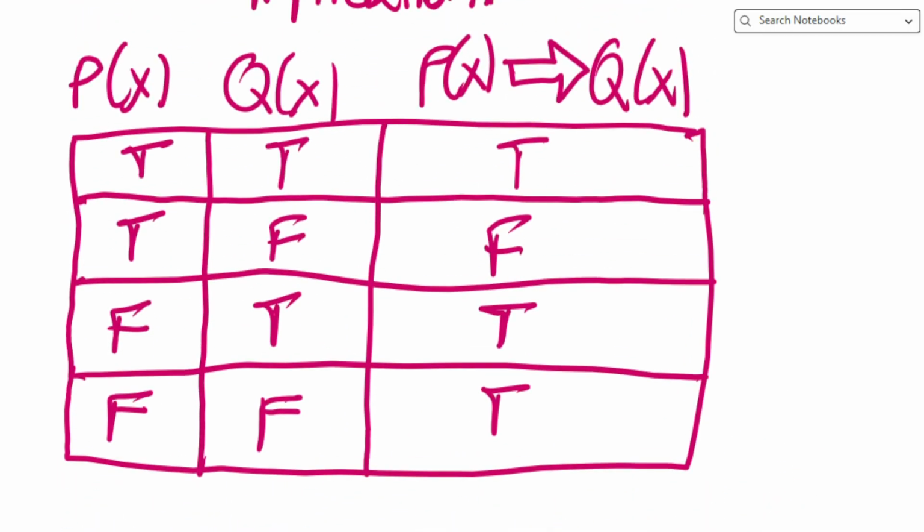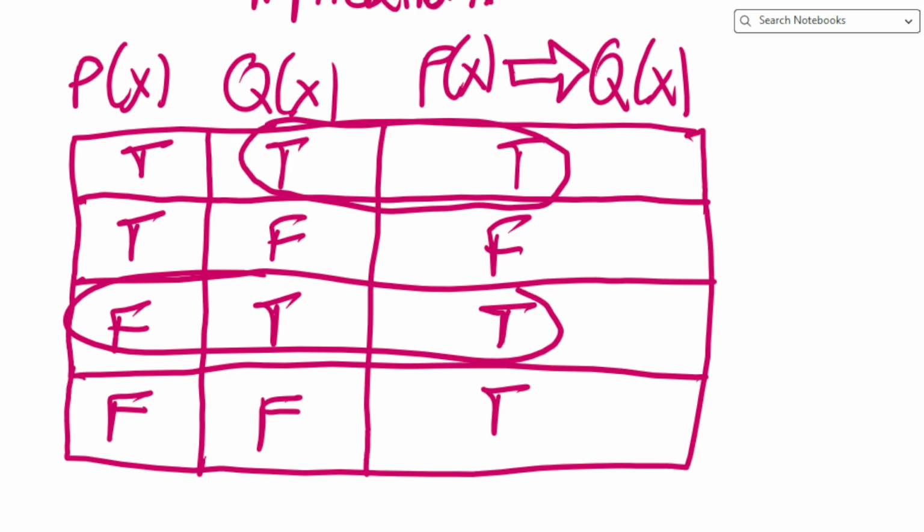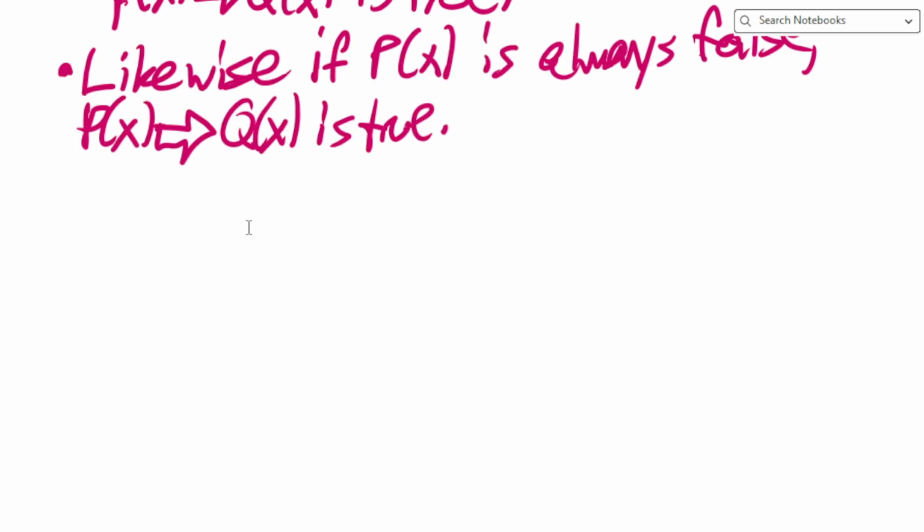And you can scroll up and look in this table. So if we look at all the truth values of these statements, when Q(x) is always true, then the implication is always true, and likewise when P(x) is always false, the implication is true.